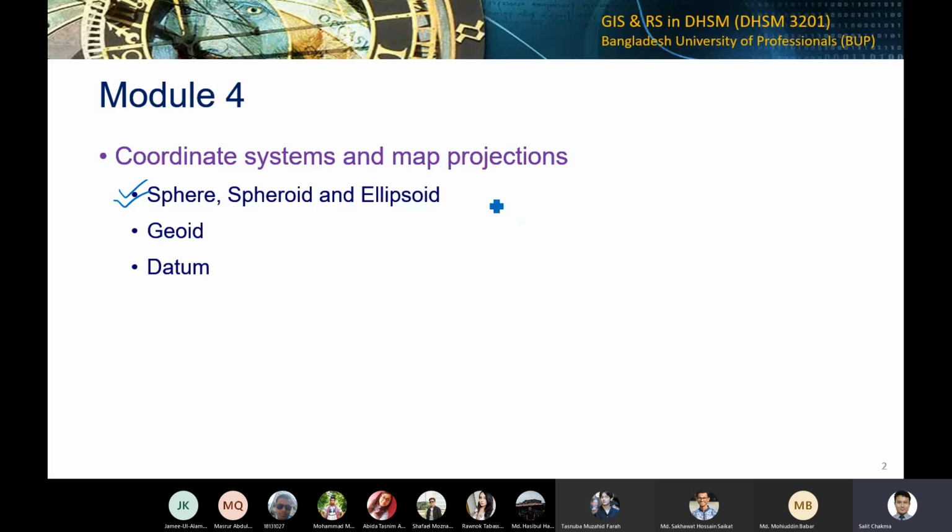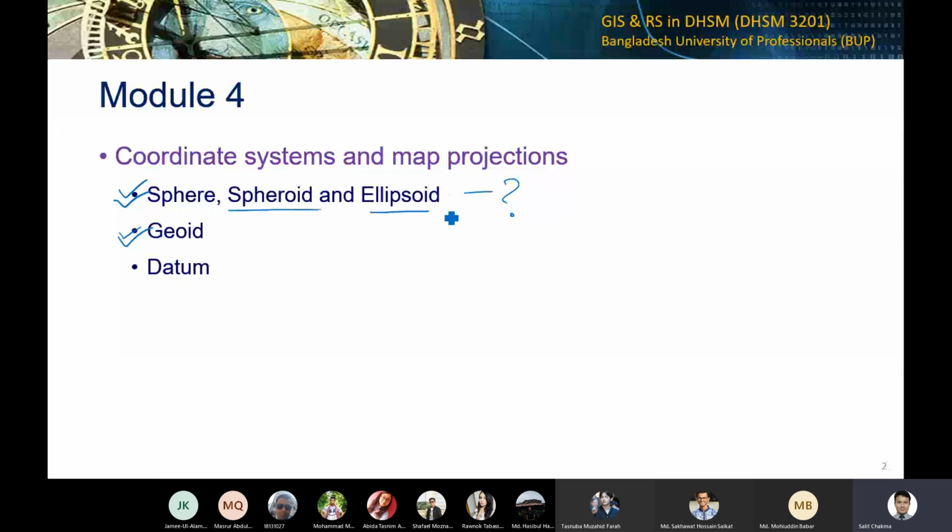Then we will talk about geoid. Geoid is the surface of Earth based on which we detect elevations. Geoid is simply the generalized form of the surface of Earth, which is as close as possible to the shape of a spheroid or ellipsoid.